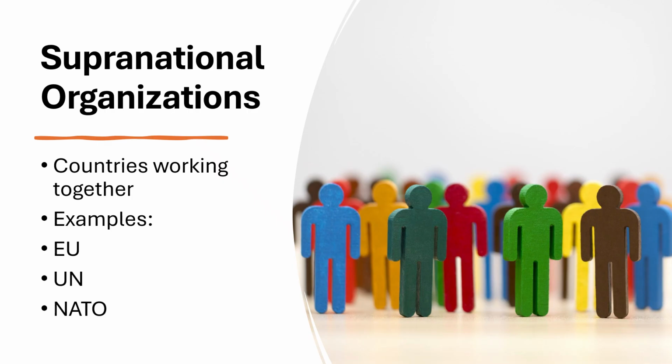Supranational organizations are countries working together. It's kind of the opposite of devolution, where these countries choose to work together instead of separate. The European Union is 26 countries working together.